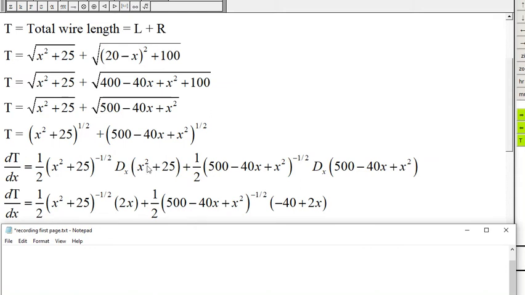The derivative of x squared plus 25, the derivative of x squared is 2x, derivative of the constant 25 is 0. Over here, the derivative of 500 is 0, derivative of negative 40x is negative 40. Derivative of x squared is 2x.